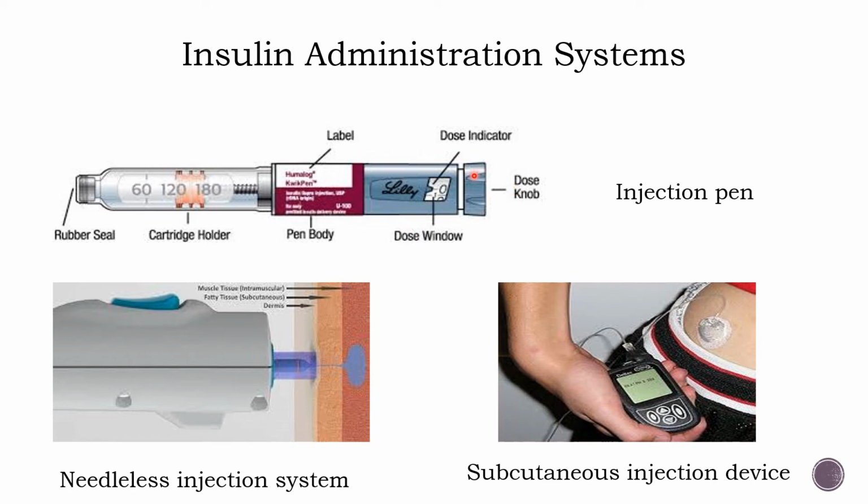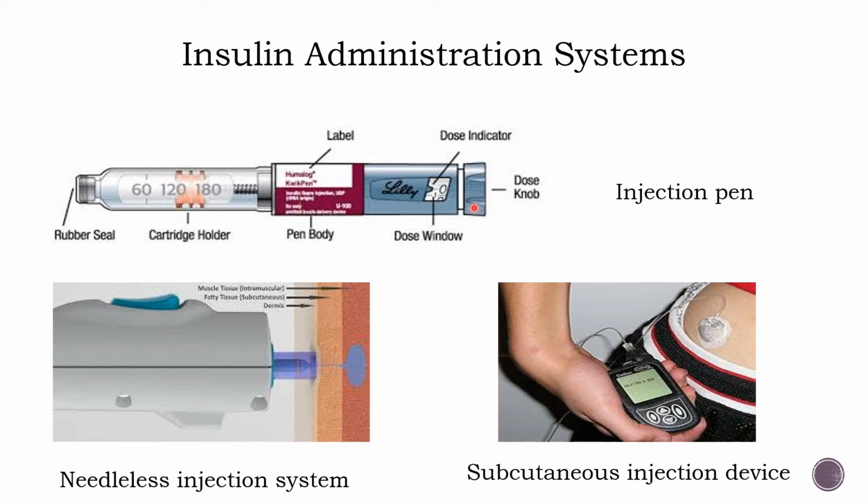And there is a dose knob, like a dial, that you can turn to select the ordered number of insulin units. If you are unsure how to use the insulin pens, always check with your clinical instructor at the clinical site.